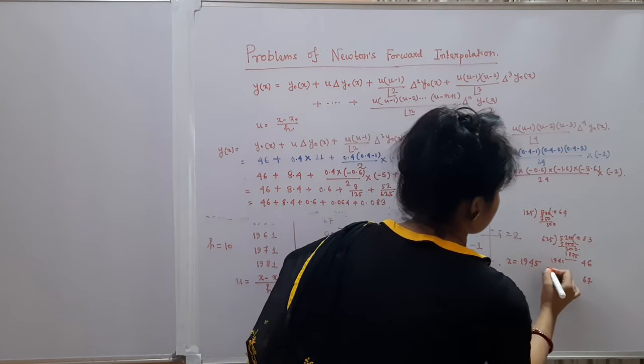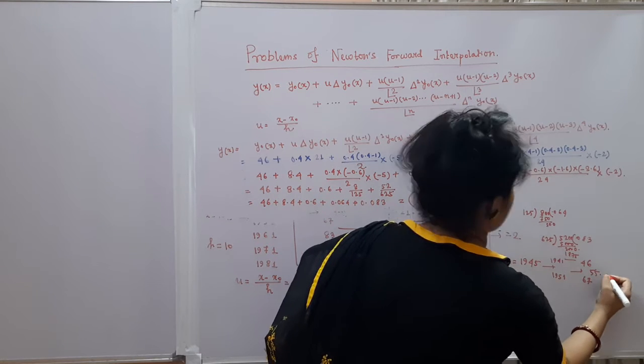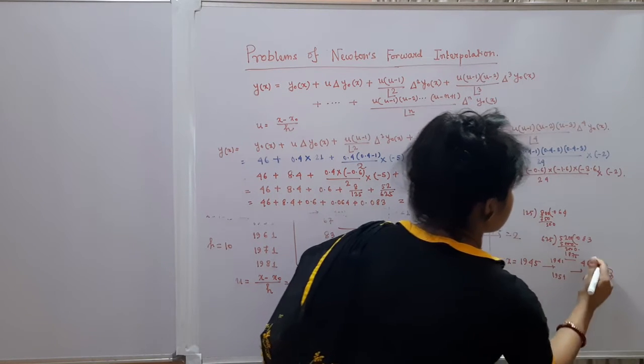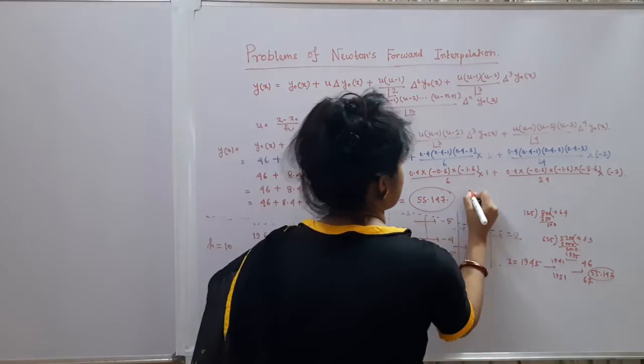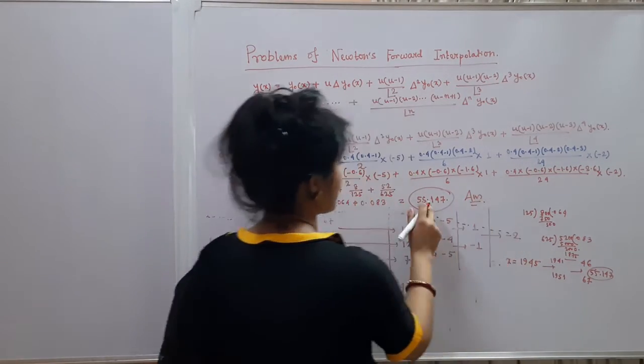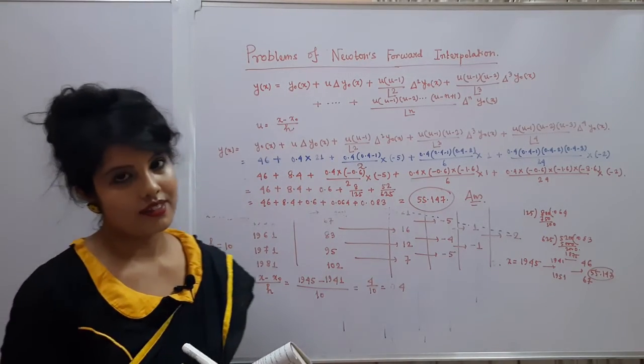X is 1945, and therefore clearly this 55.147 is in between the two values. So it is absolutely correct. So therefore this is the population of the country for the year 1945.